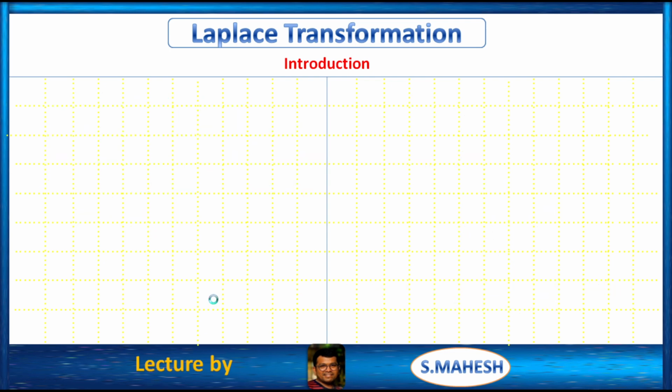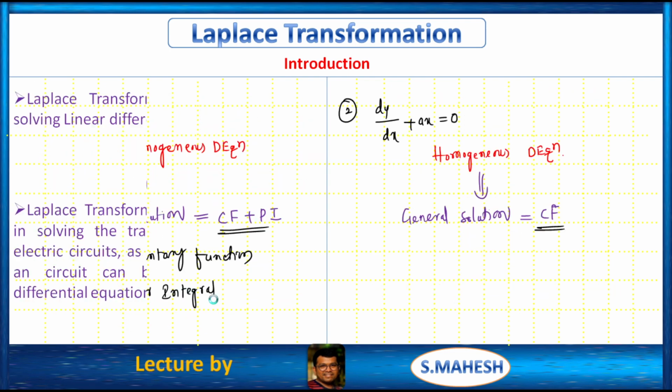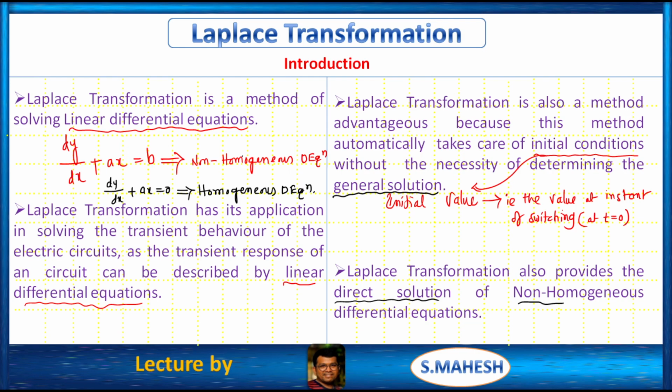So this concept is about Laplace transformation. Simply, Laplace transformation is a method of solving linear differential equations. In transient analysis, we discuss the behavior of the total circuit in the form of linear differential equations. That's why we are dealing with Laplace transformation.